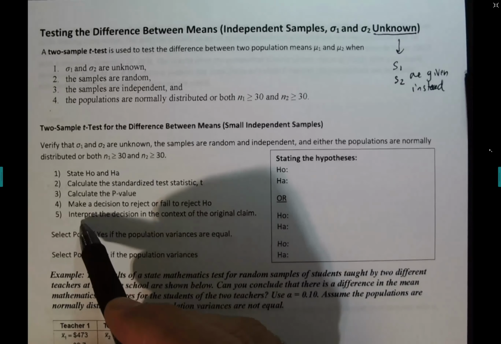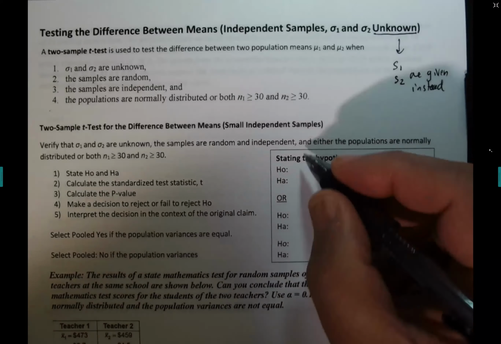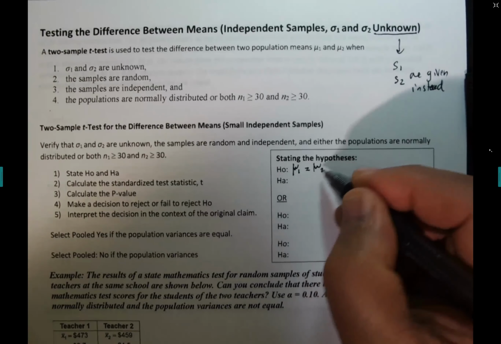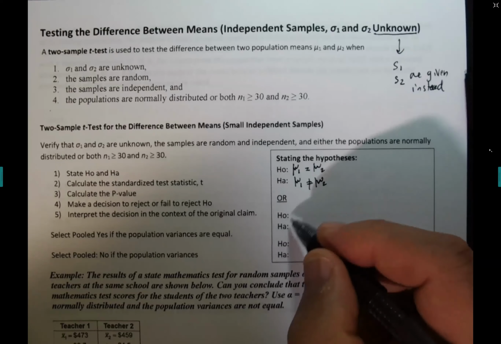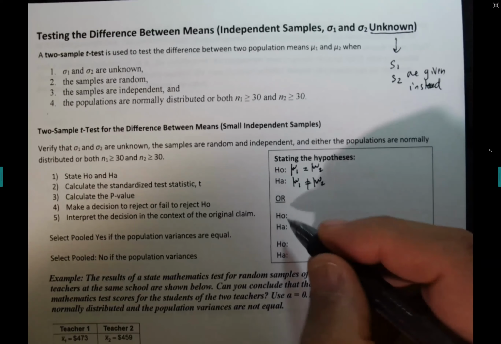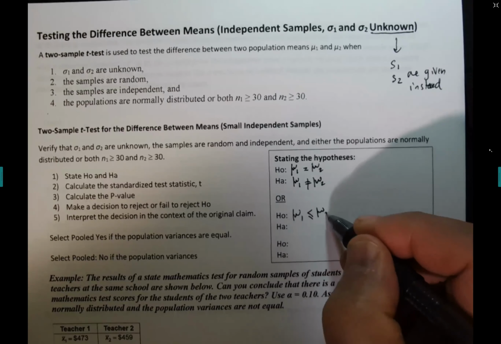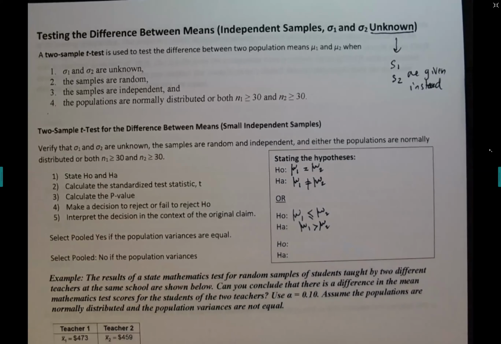Same steps, guys, the same 5 steps. H0, same, you either have this choice, that's one choice. If I were in the classroom, I usually have students write them down and I'll just walk around and check them. But it's exactly the same as in the previous section.